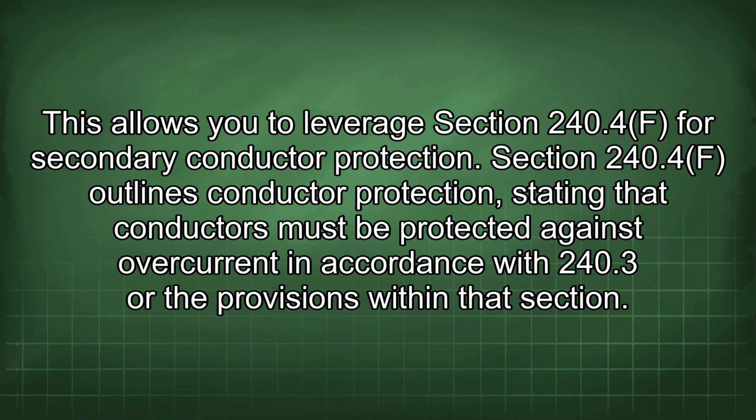This allows you to leverage Section 240.4(F) for secondary conductor protection. Section 240.4(F) outlines conductor protection, stating that conductors must be protected against overcurrent in accordance with 240.3 or the provisions within that section.